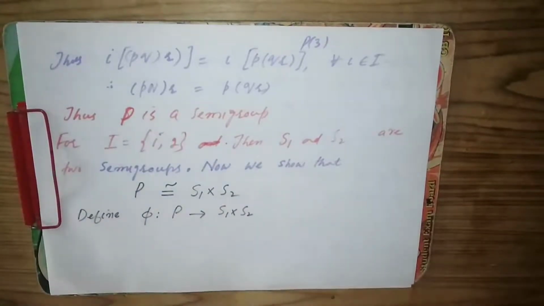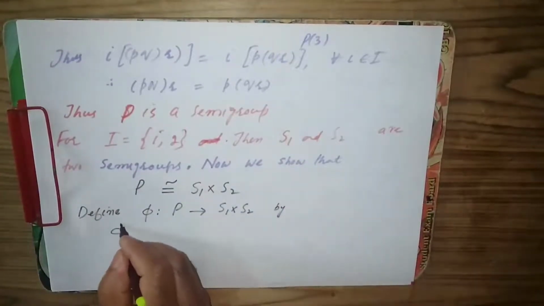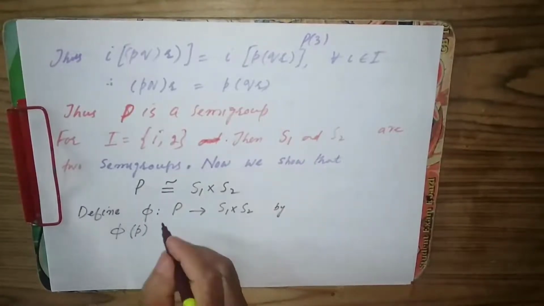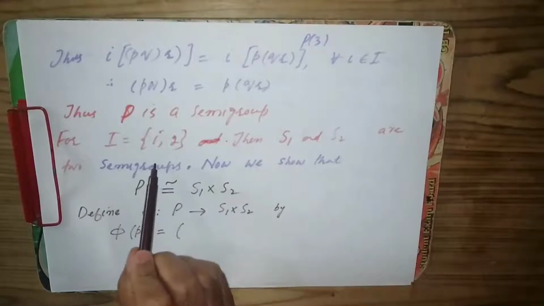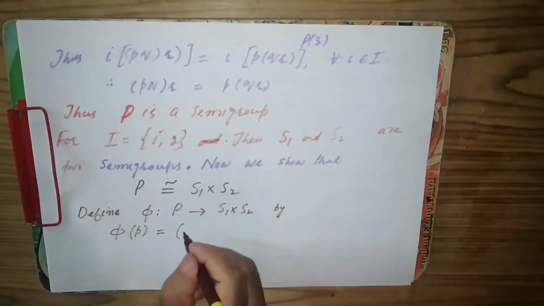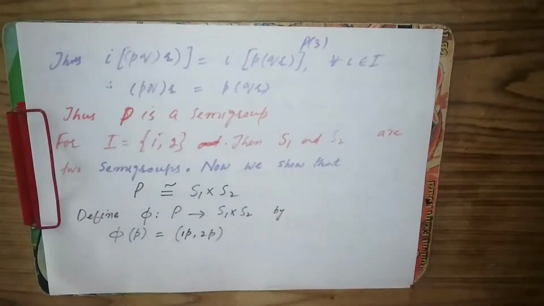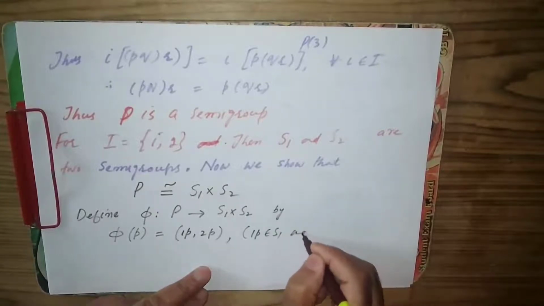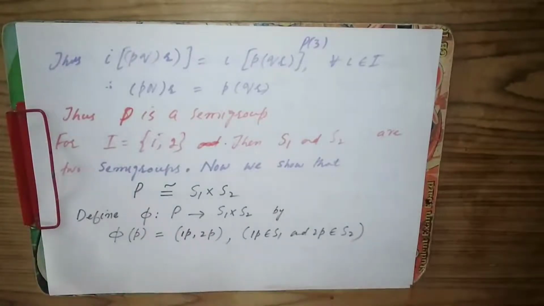Let's define this map by phi of any element p of the product P equal to (1(p), 2(p)), since the index set I consists of two elements 1 and 2. 1(p) belongs to S1 and 2(p) belongs to S2, so it's an element of S1 cross S2. In general, i(p) belongs to S_i.